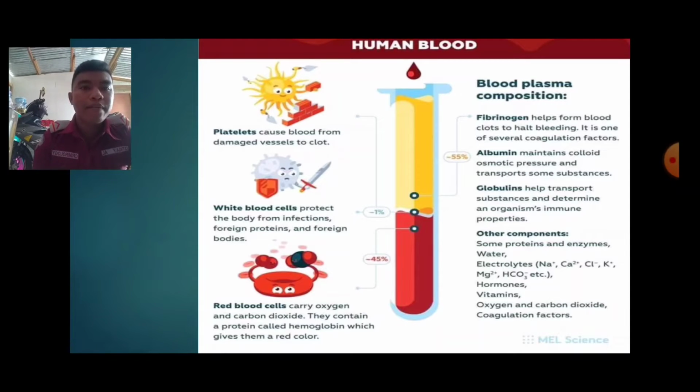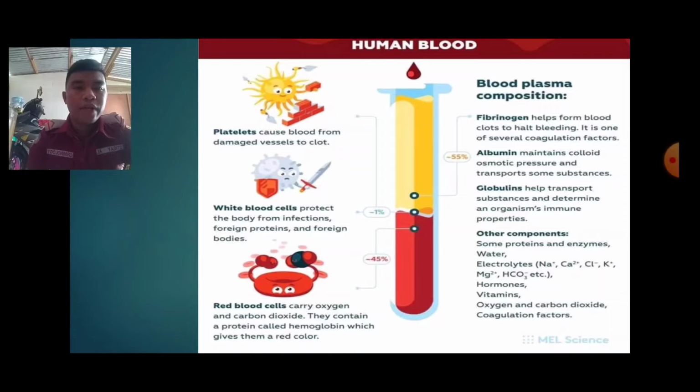And the blood plasma composition. Fibrinogen helps form blood clots to halt bleeding. It is one of several coagulation factors. Albumin maintains colloid osmotic pressure and transports some substances.